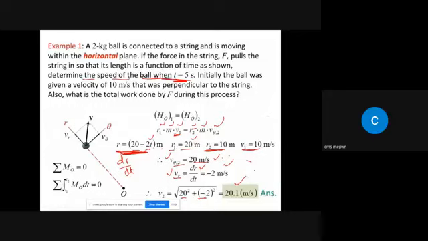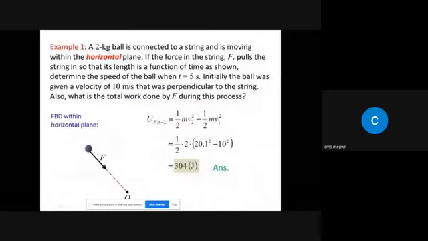This has been identified. Now what they are asking in the second half is the total work done by F during this process. For work, we can use the principle of work and energy. According to it, the work done during the process due to the force equals the change in kinetic energy, right?